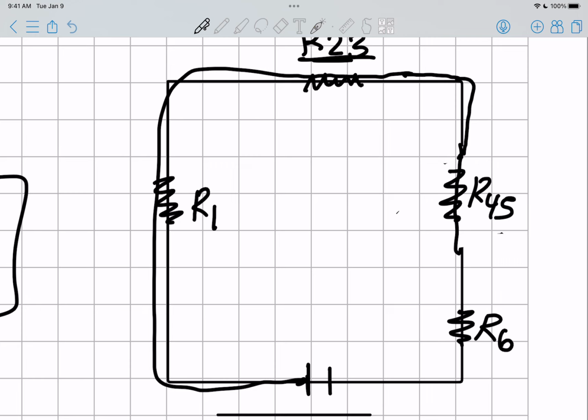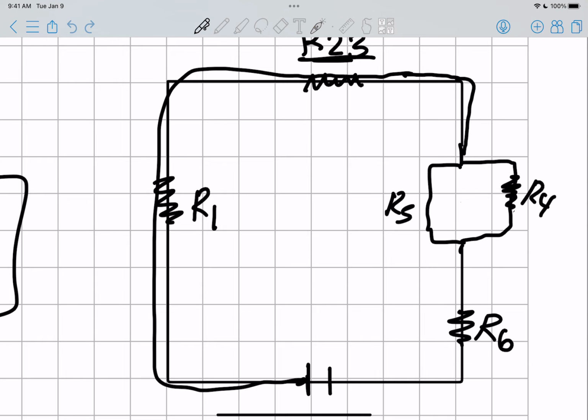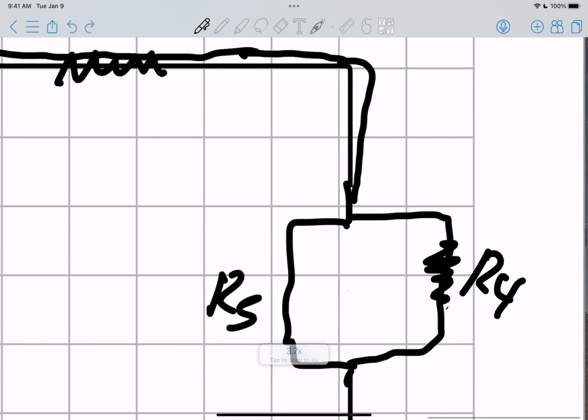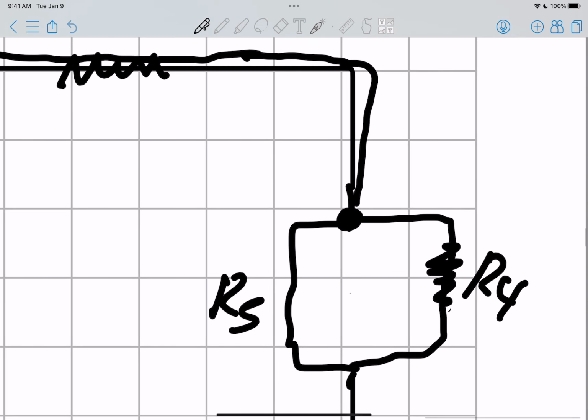Now, some people might ask, what if you have resistors in series in parallel? That just means, what if I had this branching point, and here's a branch, this is branch 1, and this is branch 2?